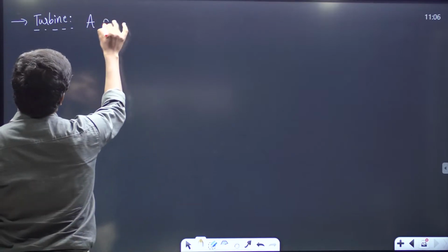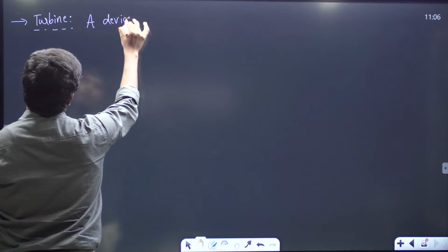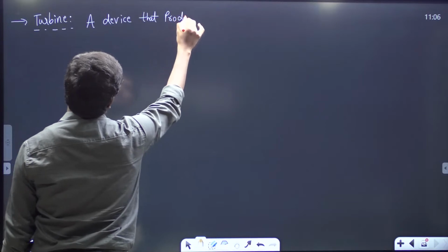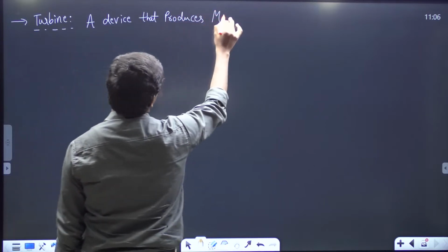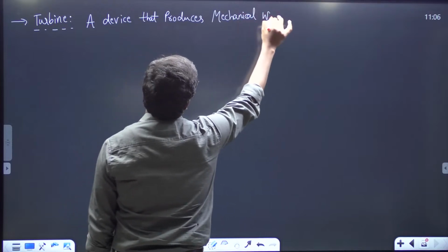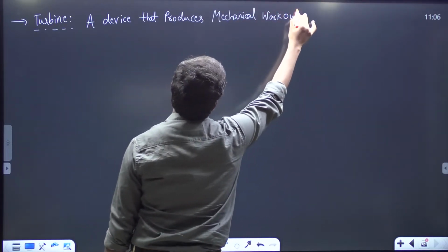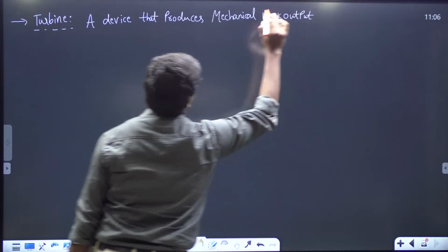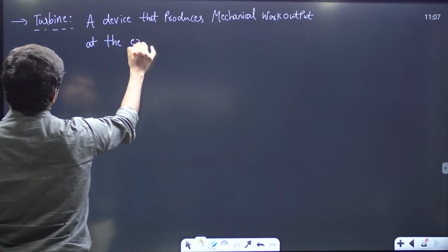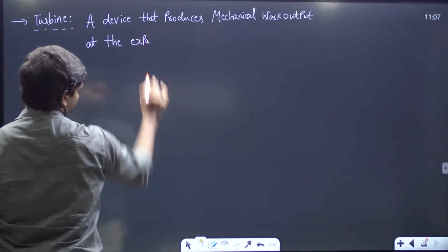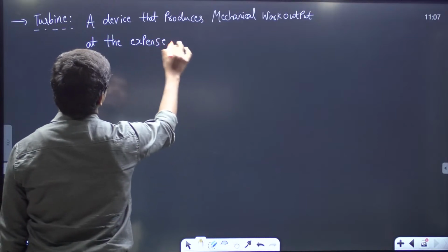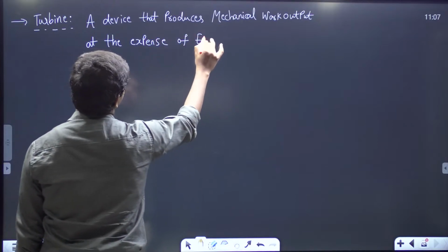A device that produces mechanical work output at the expense of the enthalpy of the fluid.